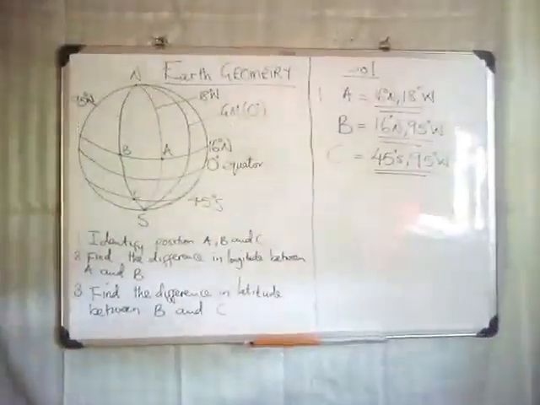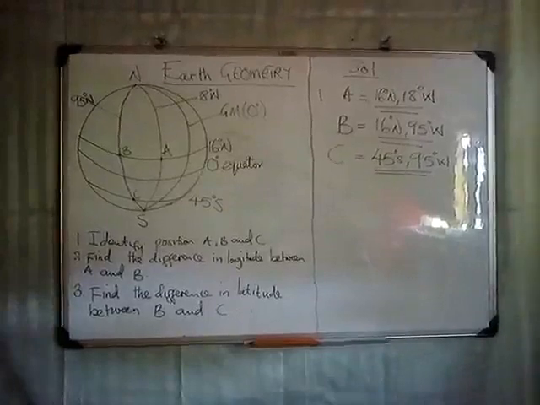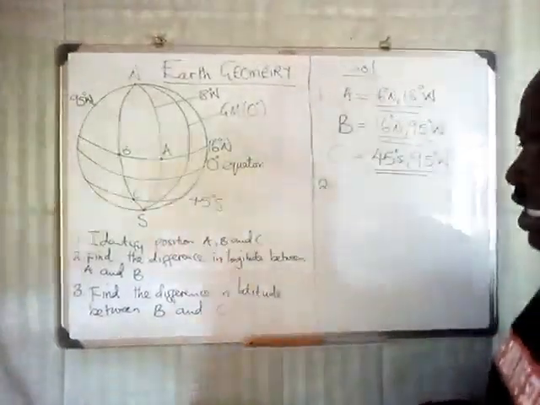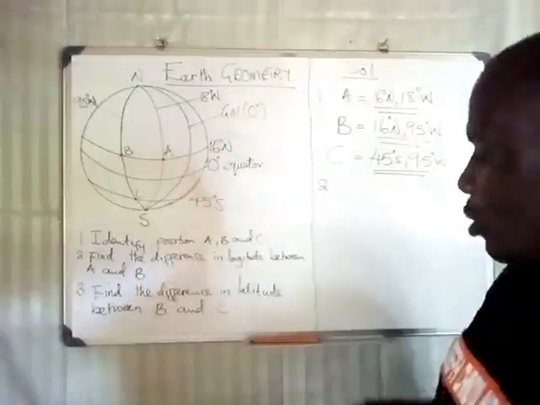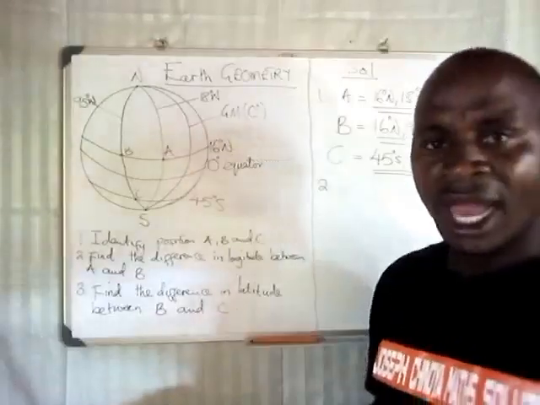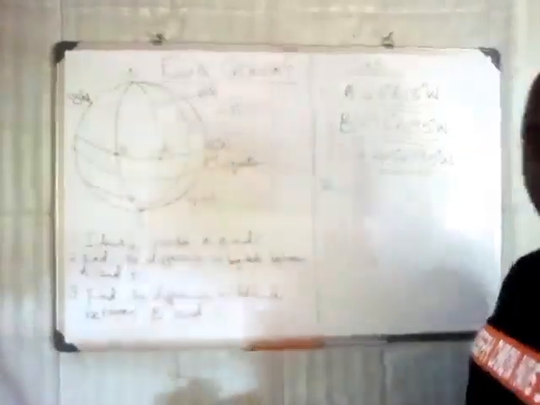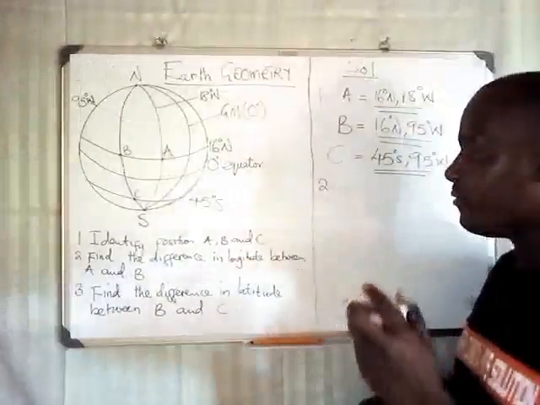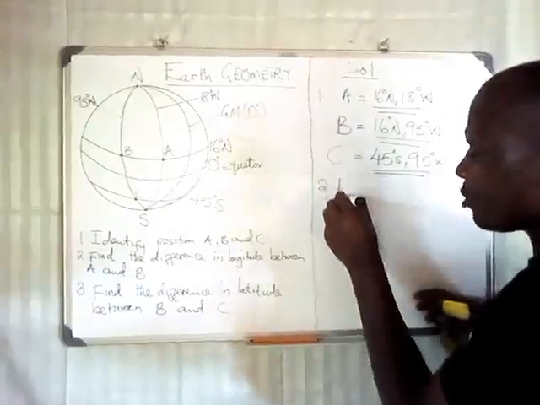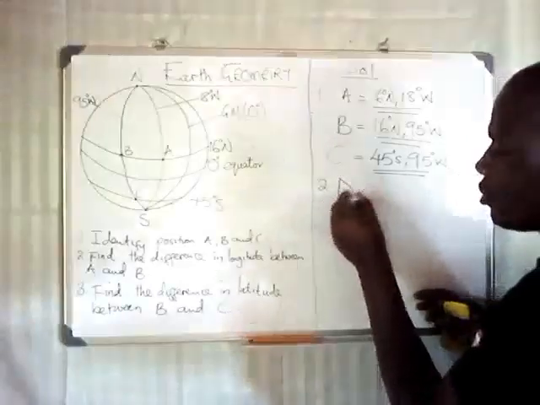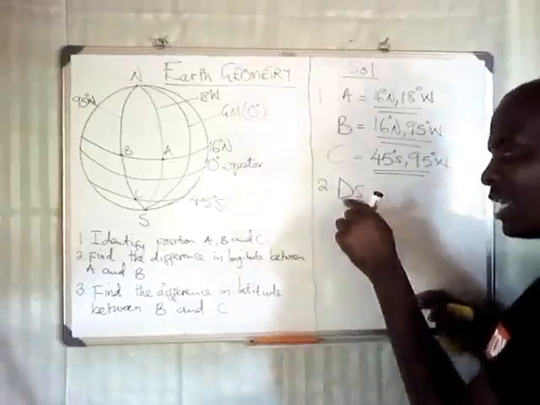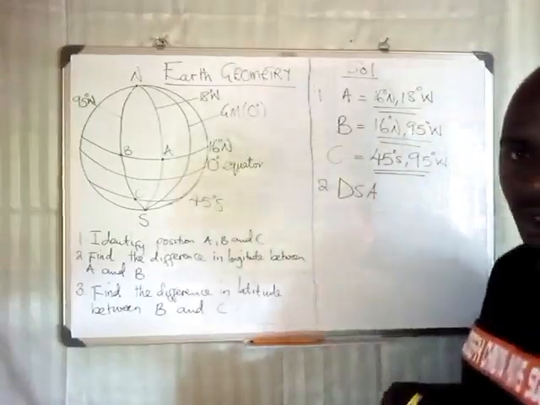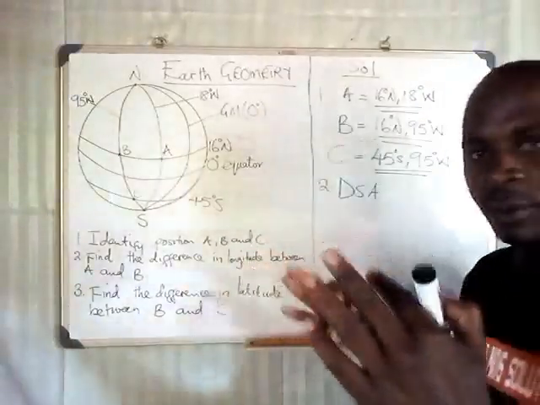Now we go to question number 2. Question number 2 says, find the difference in longitude between A and B. When you are finding the difference, you must bear in mind these 2 points. The first point is that when the given positions are on different sides, you have to add the degrees of the 2 positions.